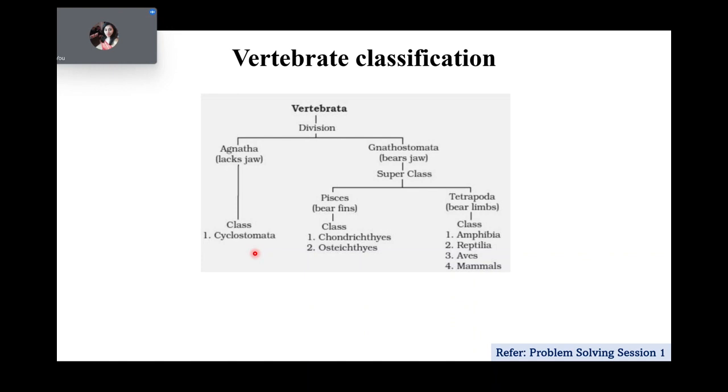Tetrapods are generally divided on the basis of their habitat, where they live and how they move around. The first group here is Amphibia, the ones that live on both land and water.